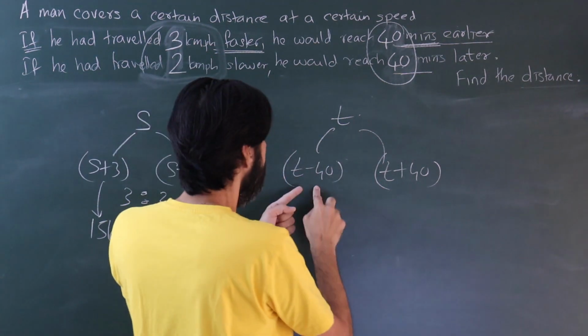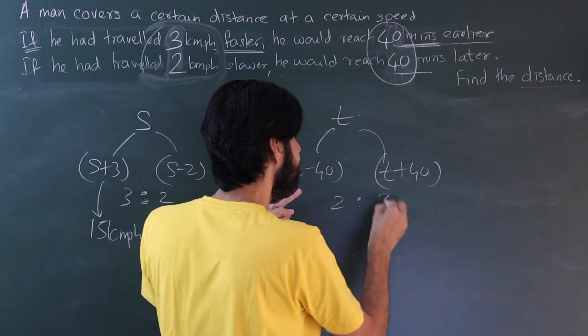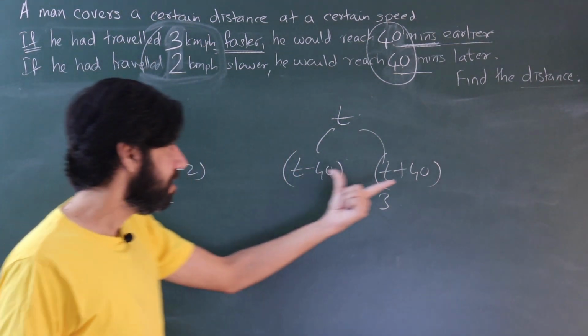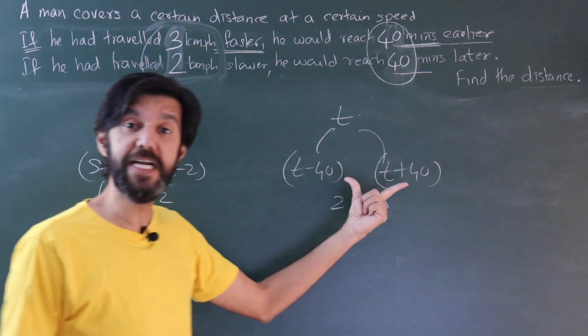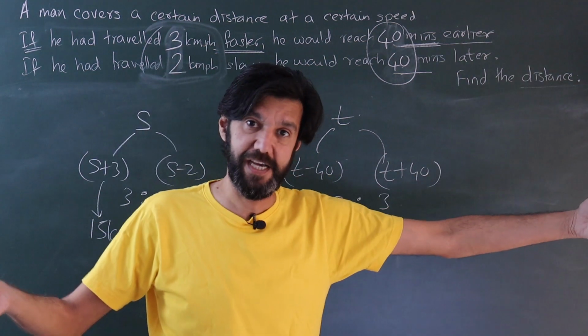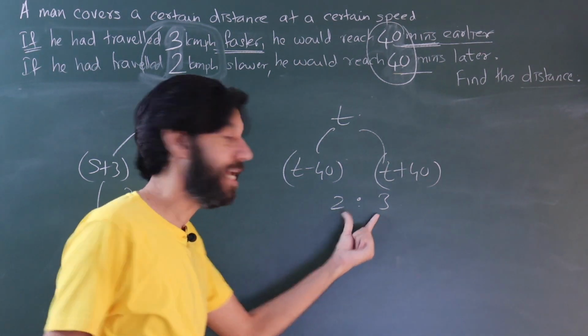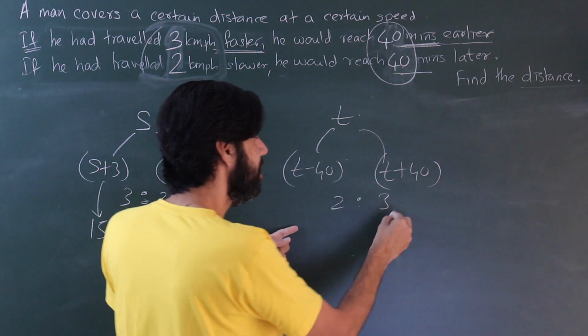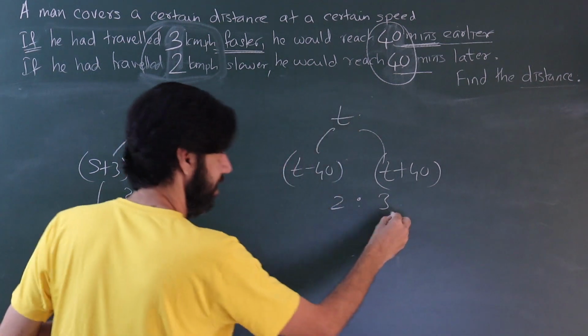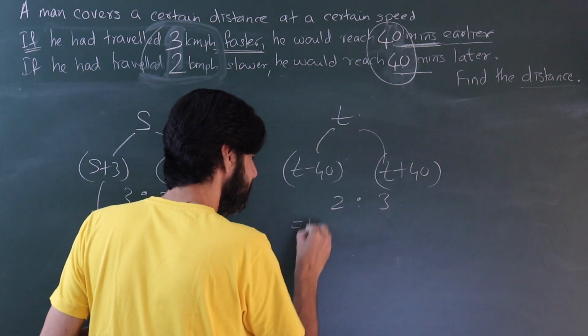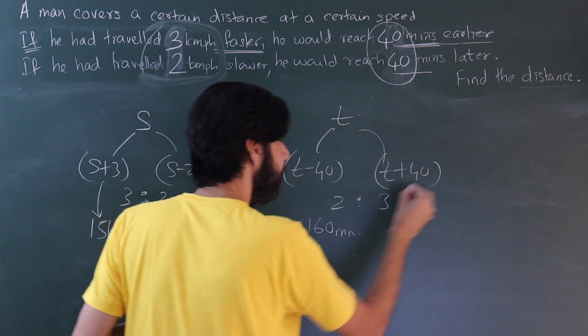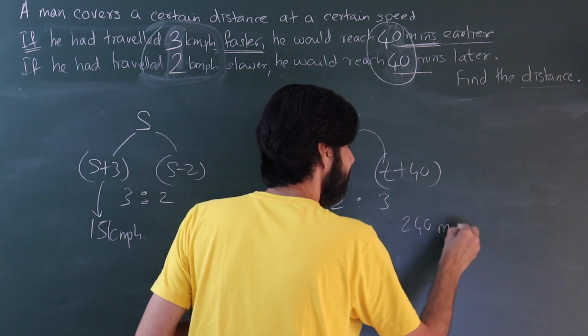This is 2 parts, this is 3 parts. What is the difference here? The difference here is 80, minus 40 plus 40. 1 part 2k, 3k. K is 80. 80 into 2, 160 minutes. 80 into 3, 240 minutes. So this time is 160 minutes, 240 minutes. I found both.